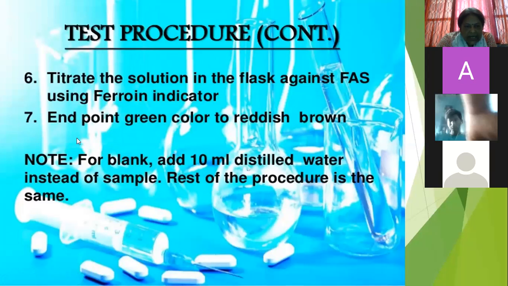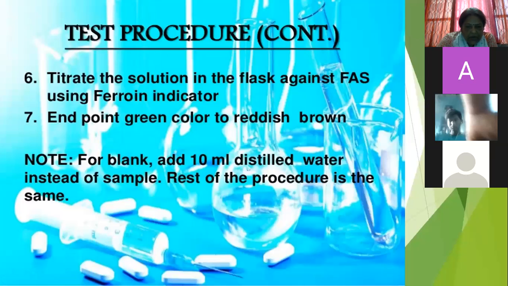What will be the end point of the titration? It will be green color to reddish brown. Once you get the reddish brown color, stop the titration and note down the reading: how much FAS is consumed to neutralize the potassium dichromate solution.